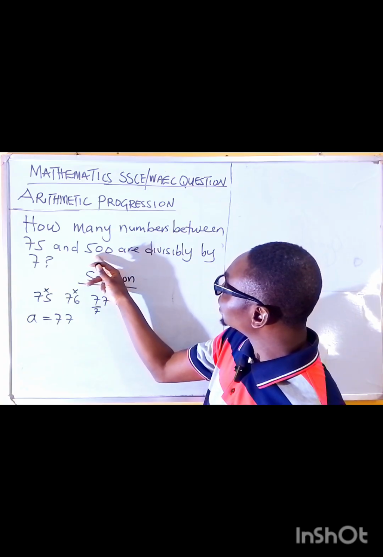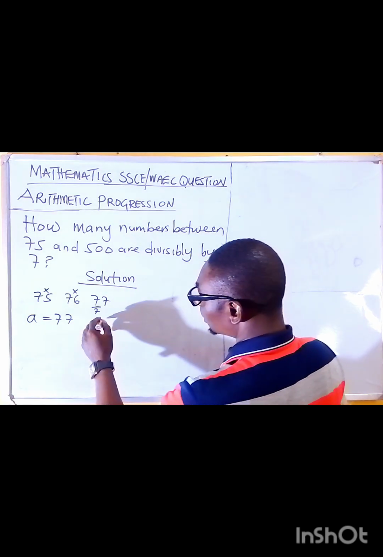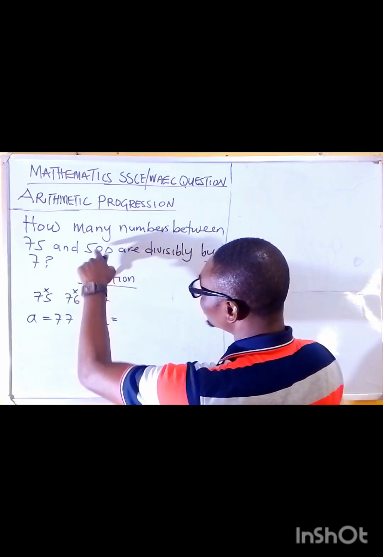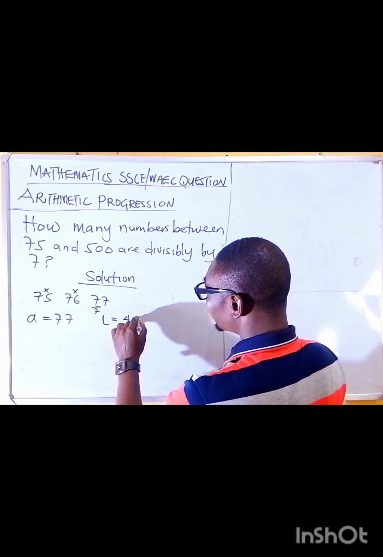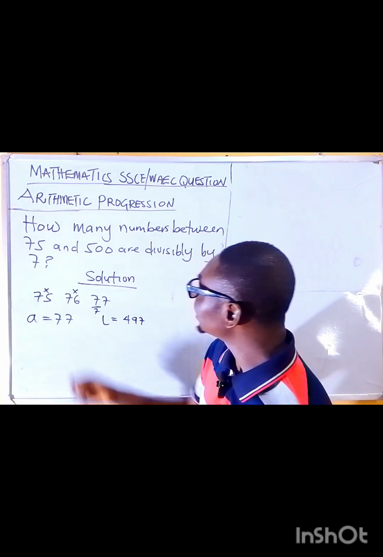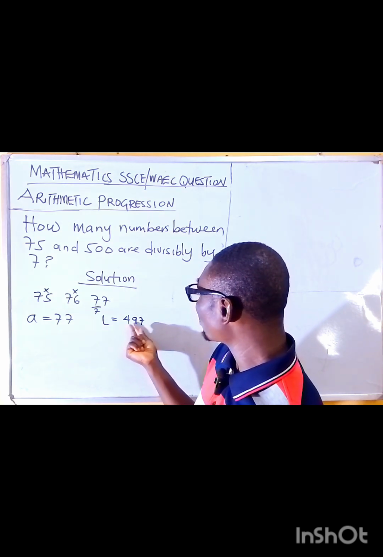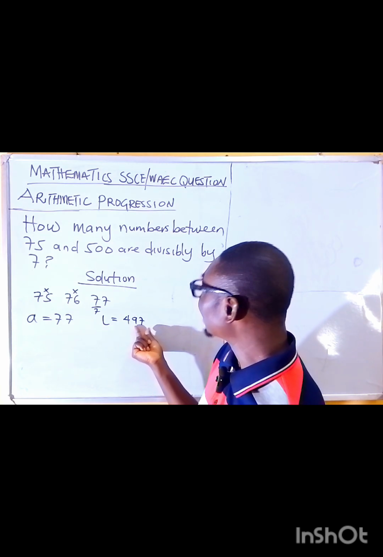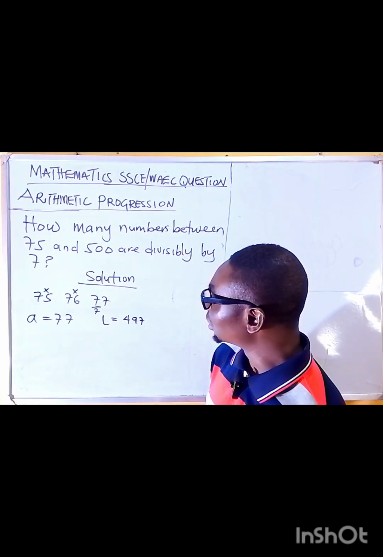Now, we can also know the last term, the last number that is divisible by 7. The last number is going to be 497, because if you check, you will realize that 7 can go in 497, because 497 divided by 7 will give us 61.